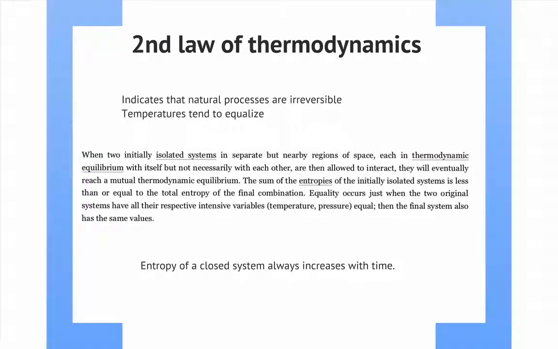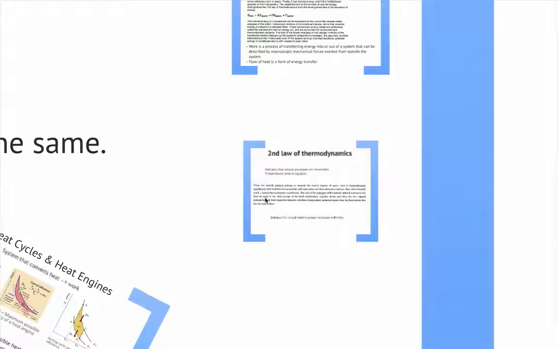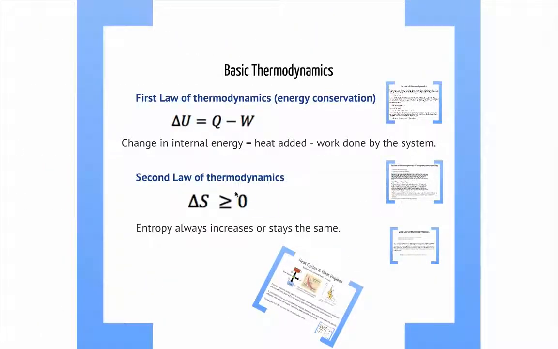Okay, so the second law of thermodynamics, which I think I went through here, says that the entropy of a system always increases or stays the same. This is the change in entropy as a function of time: S is entropy, and the change in S over time is always greater than or equal to 0.